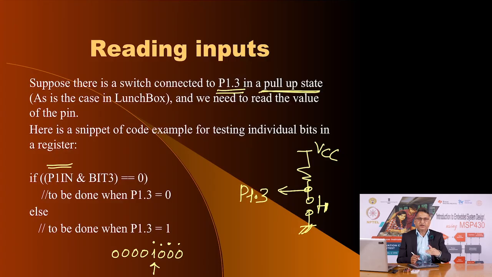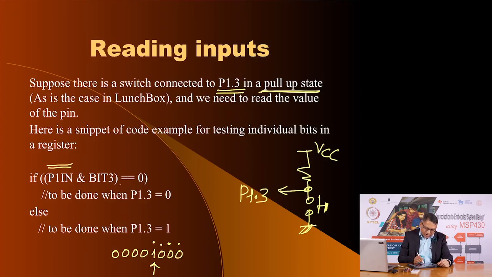Either the result is 0, but because the third bit of the mask is 1, if the result of the bitwise ANDing operation is 0, that means the bit 3 which is read from the pin has reported a 0. If it is 1, the ANDing will become 1.